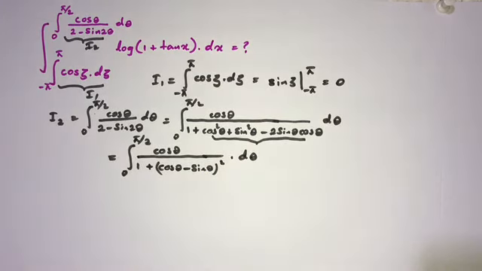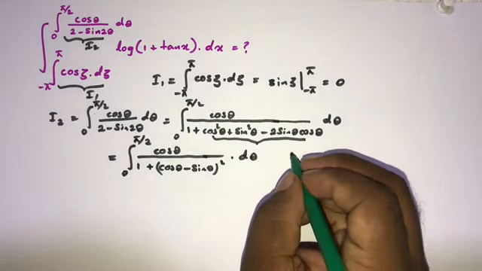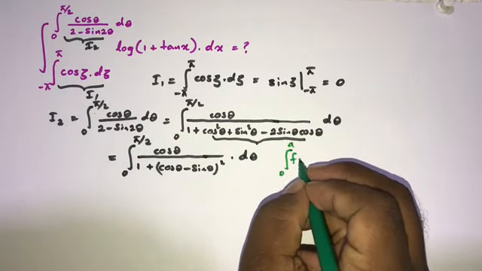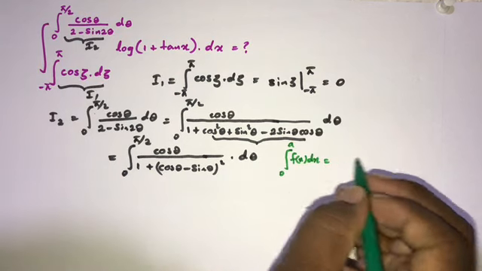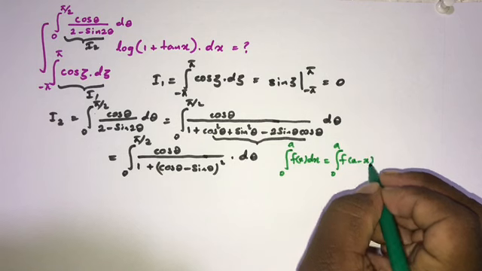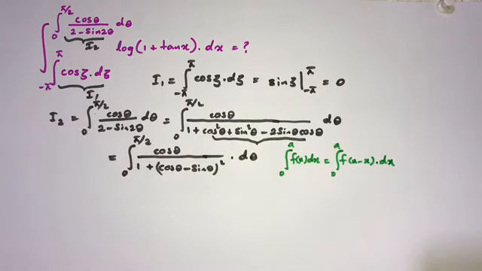Okay, now what can we do? Well, now we can apply King's rule. We know the integral from 0 to a of f of x dx is equal to the integral from 0 to a of f of a minus x dx.